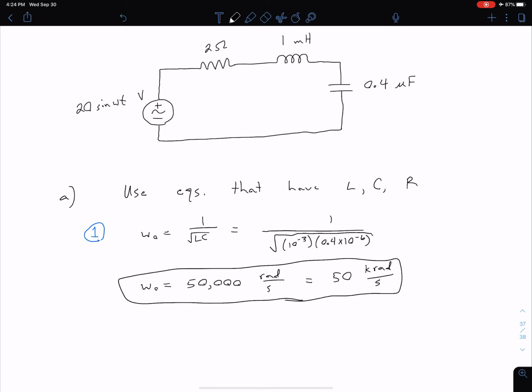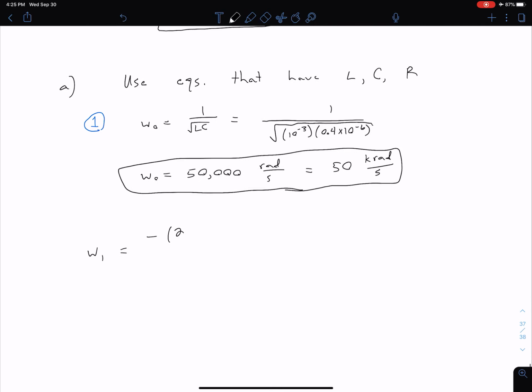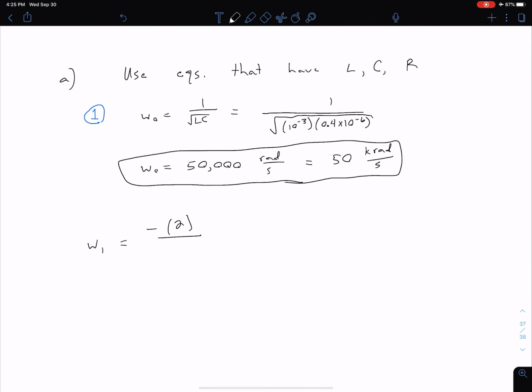Okay, so now also for my omega 1 and omega 2, I'm going to be using the forms of the equations that have the R, L, and C. So for omega 1, I have negative R divided by 2L, so our resistance value was 2 ohms. So negative 2 divided by 2 times L, 10 to the minus third, plus the square root.